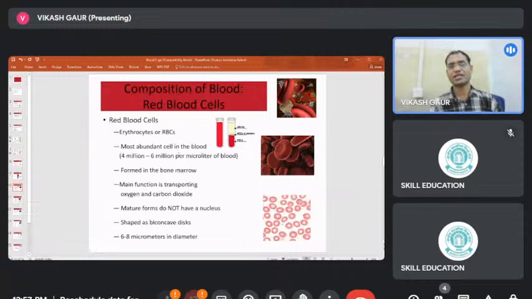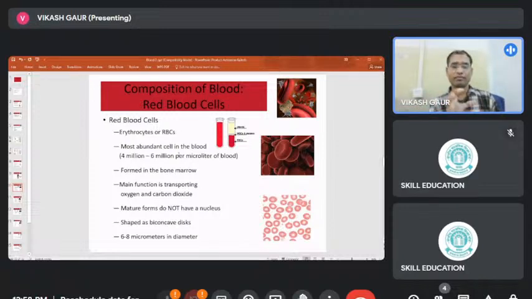One by one, we will discuss them, starting with RBCs, red blood cells, also called erythrocytes. They are the most abundant cells in human blood, numbering 4 million to 6 million per microliter of blood.